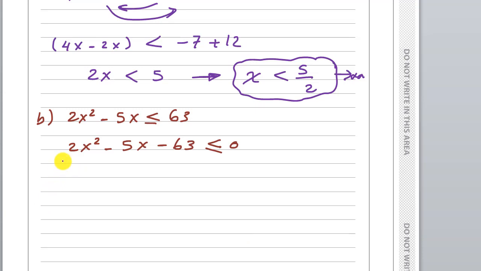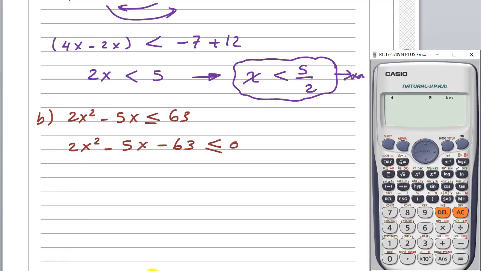For this equation, we can use our calculator. So equation, 5 and then 3. Now 2 enter, minus 5 enter, and minus 63 enter. So x is equal to 7, x is equal to minus 9 over 2.